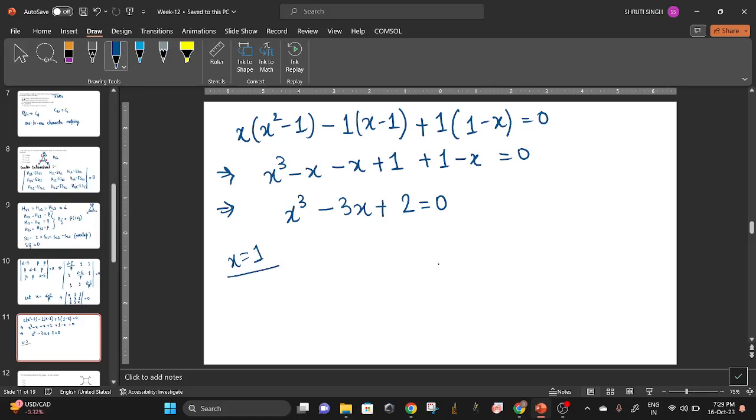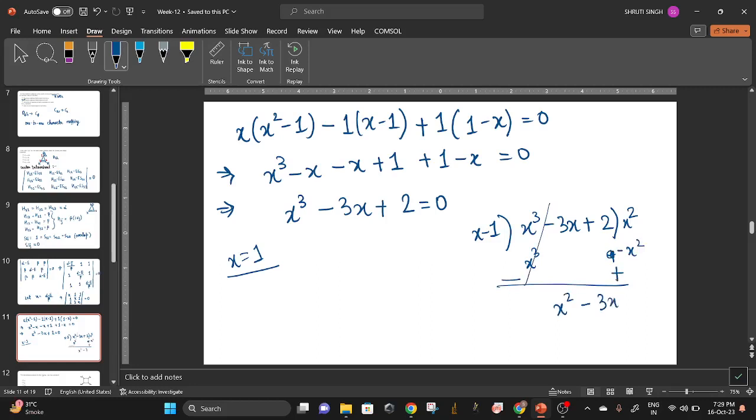The other roots we can find by simply dividing it like this, x cube minus 3x plus 2. So we need to put here x square, this will be x cube, sorry, it will be minus x square. On subtracting, this will become plus, this will go. So we are left with x square minus 3x plus 2.